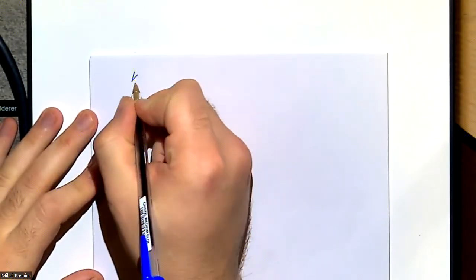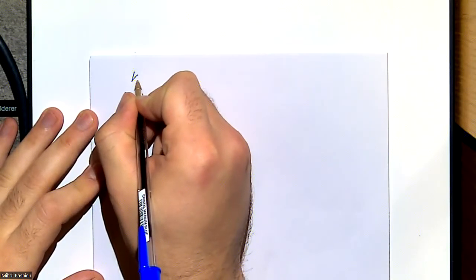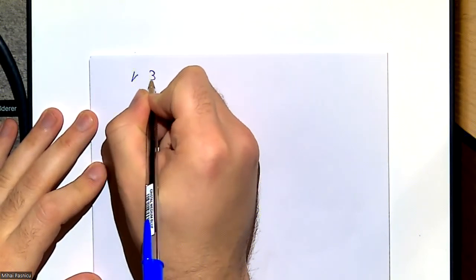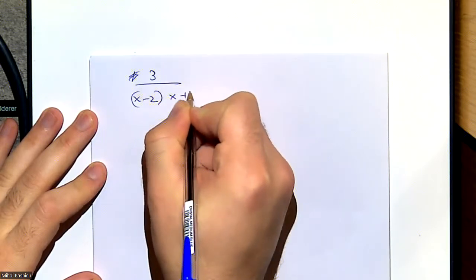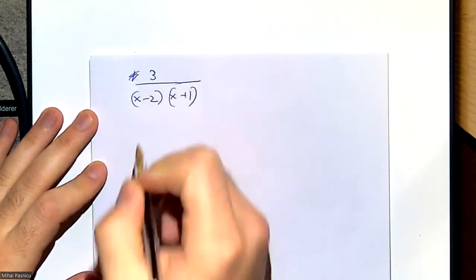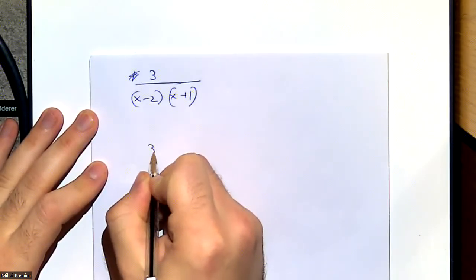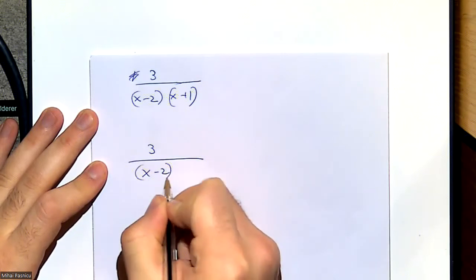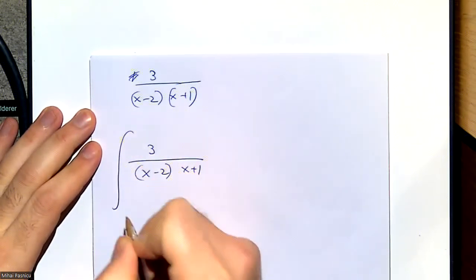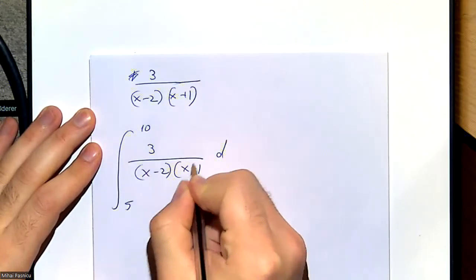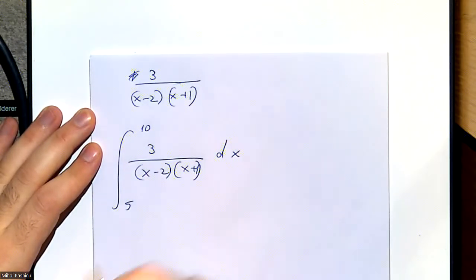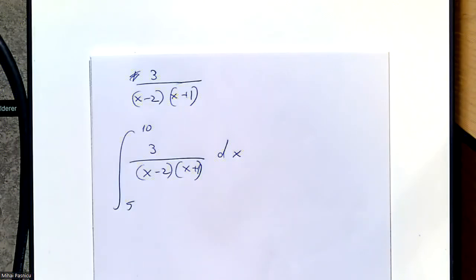Say I give you this integral: 3 over x minus 2 times x plus 1, to integrate from 5 to 10 dx. What is this equal to?